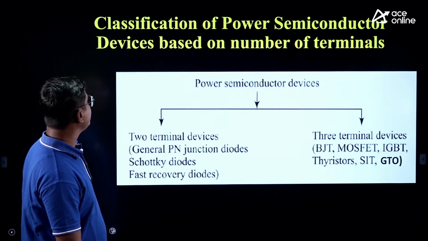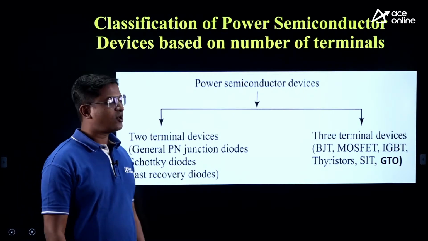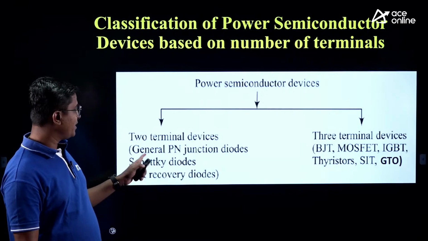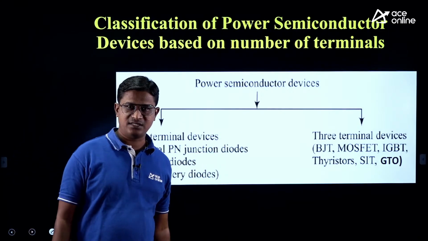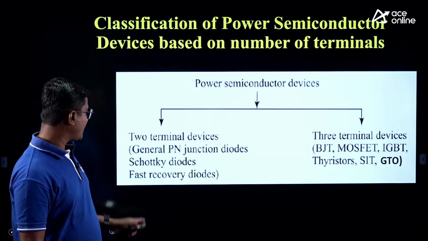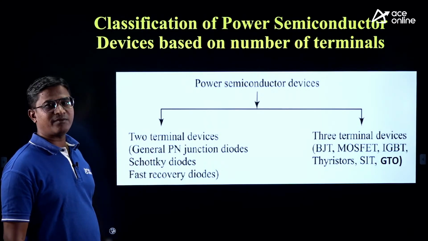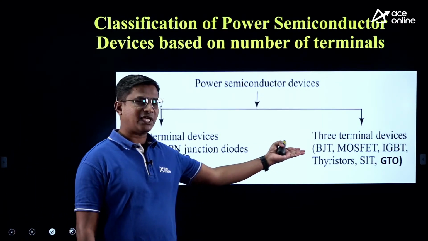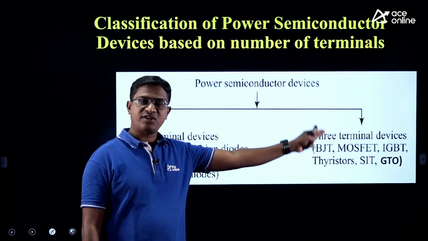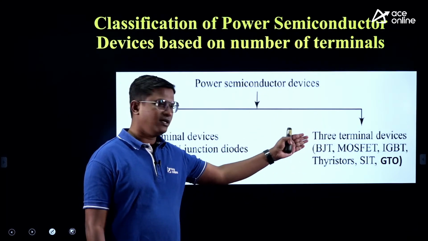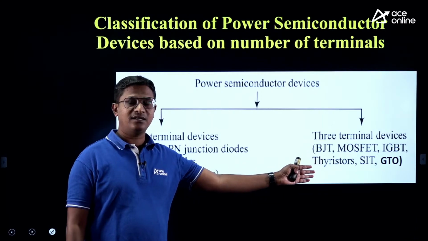Next, classification based on number of terminals. So 2 terminal devices and 3 terminal devices, simple, we know, okay. Your diode is a 2 terminal device, whereas all other devices, your thyristor family and transistor family devices, are 3 terminal devices, okay.